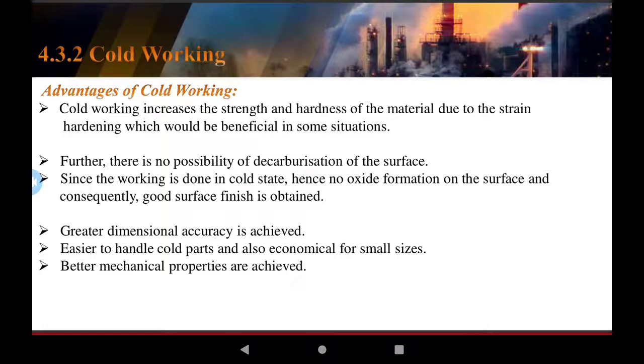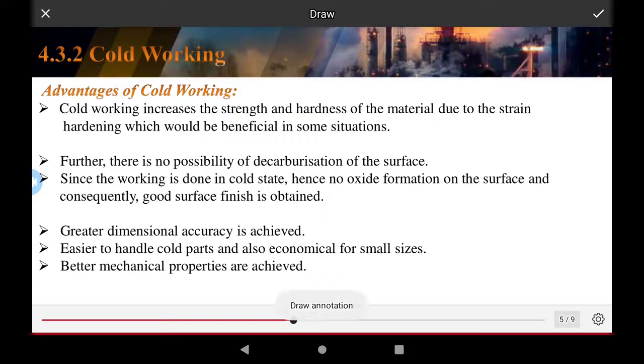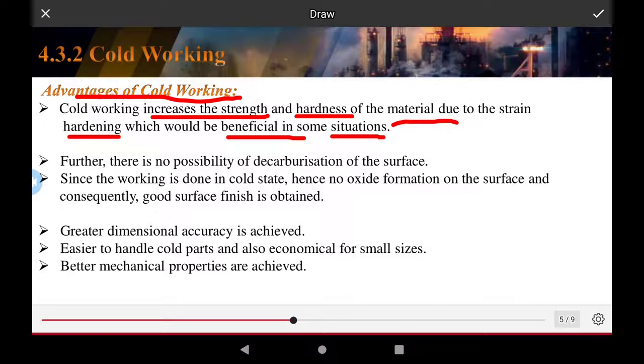Advantages of cold working: cold working increases the strength and hardness of the material due to strain hardening, which is beneficial in some situations.